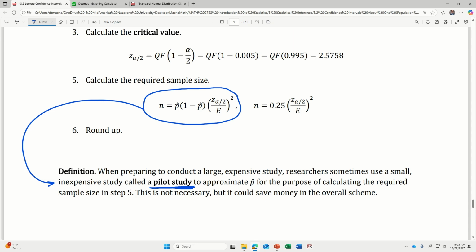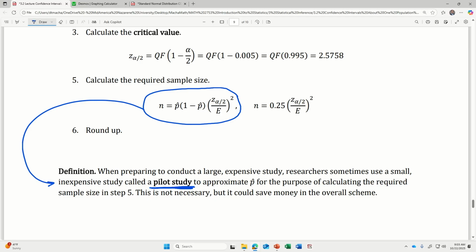You want to have a super small margin of error. You know that your sample size is going to be really, really big. It's going to be in like the thousands. What you could do is conduct a pilot study where you only have a sample size of like 50. Go out and you randomly sample 50 individuals, calculate a sample fraction based on those 50, and then that sample fraction is what you use here in this formula. And this formula will then tell you the sample size you need for your actual, big boy study. The one where you actually go out and find 2,000 or 3,000 people.